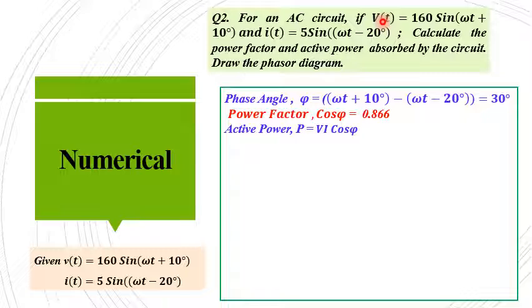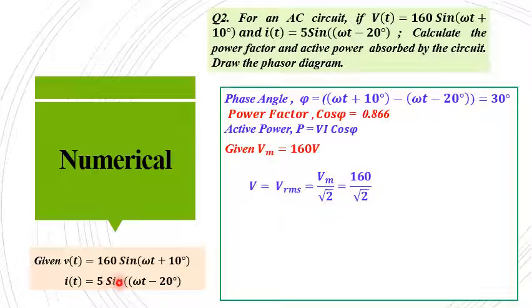For the instantaneous value of an AC voltage, it is generally of the format Vm sin omega t plus or minus phi. From this equation we can find the value of Vm, or the maximum value. That is, Vm will be equal to 160 volt. For a sine wave, the RMS value Vrms will be Vm by root 2, that is 160 by root 2.